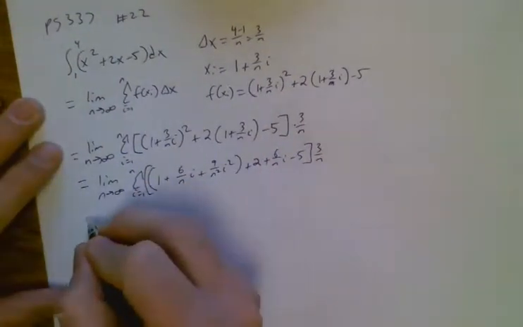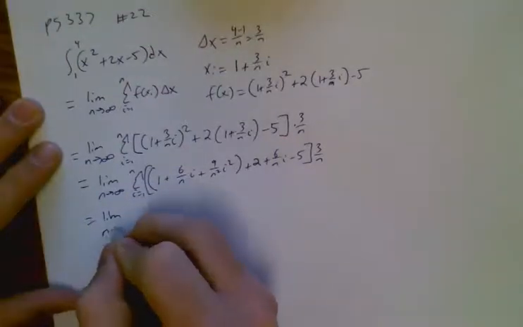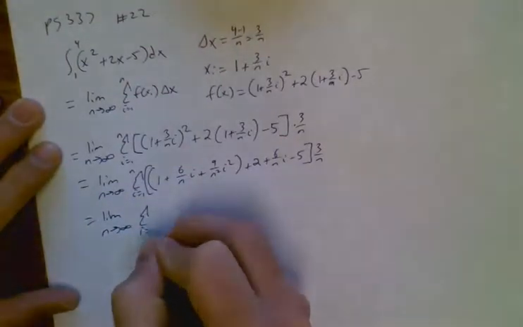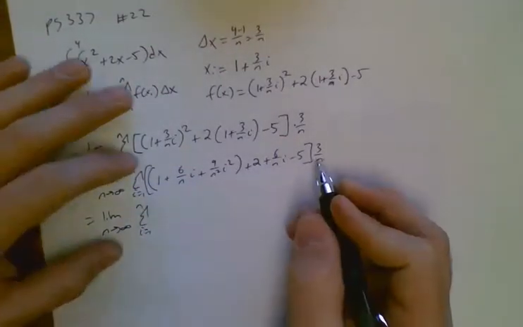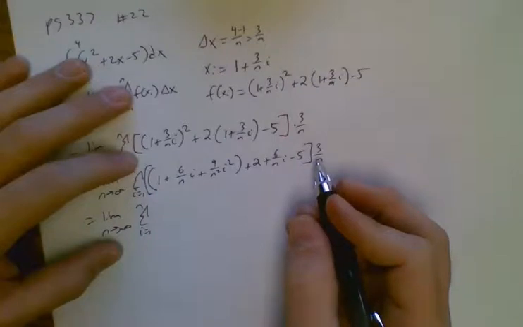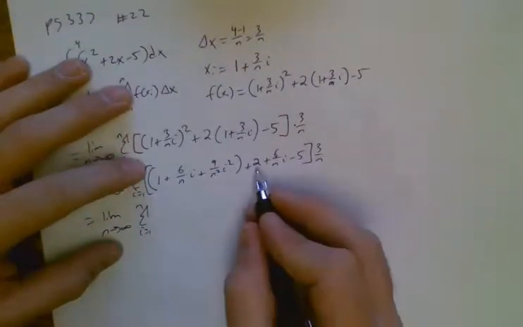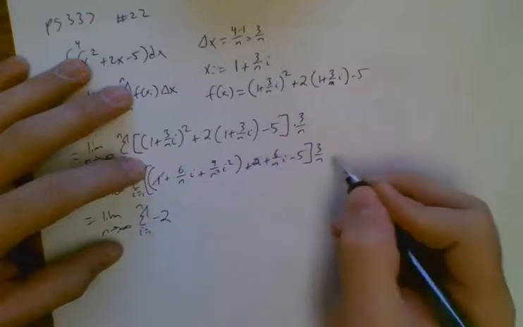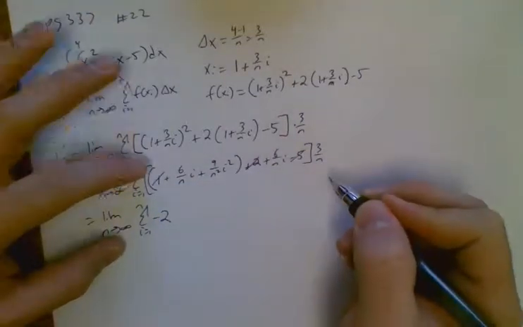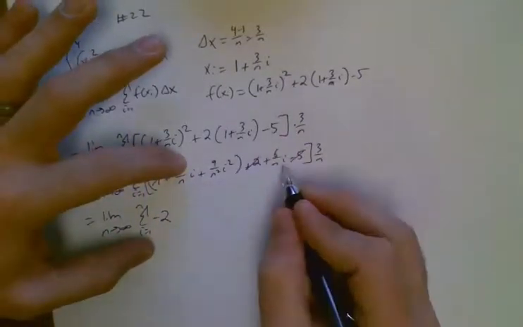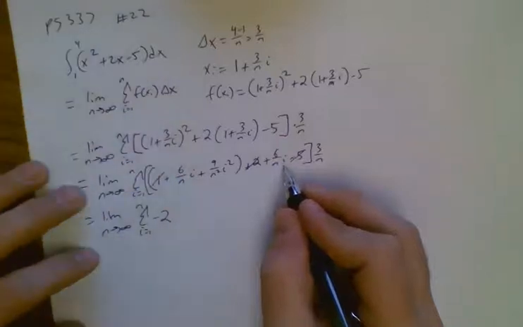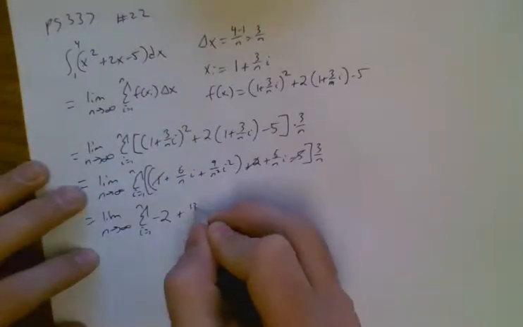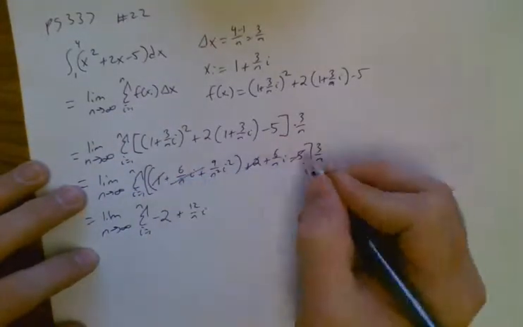Alright, so let's go ahead and take care of that and see what we can simplify. I've got 1 plus 2 is 3, minus 5 is negative 2. That takes care of that. And I've got 6 over n i plus 6 over n i, so that's 12 over n i. That takes care of those.